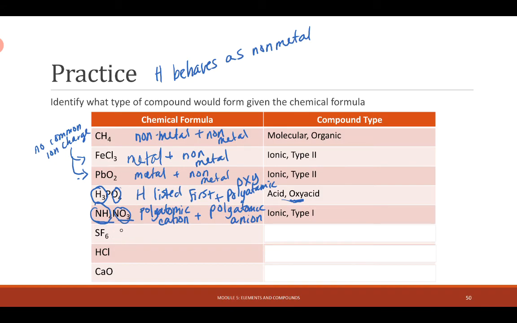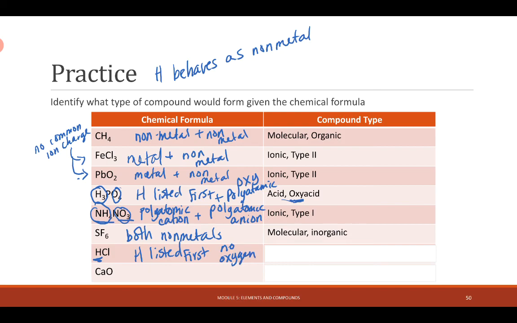SF6, sulfur and fluorine are both nonmetals. And so that is a molecular compound. There's no carbon, there's no hydrogen, so that's inorganic. Then we have HCl. With HCl, we have H listed first. So we know that it is an acid, and it has no oxygen. So that is a binary acid.